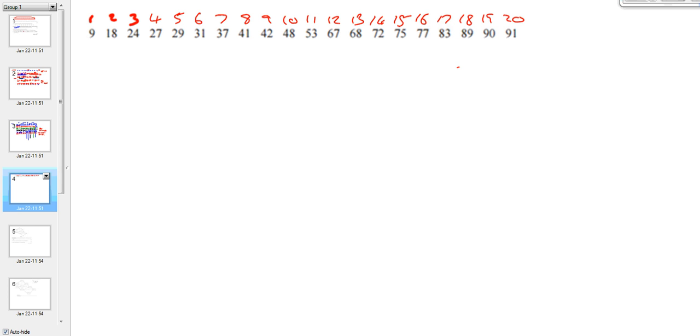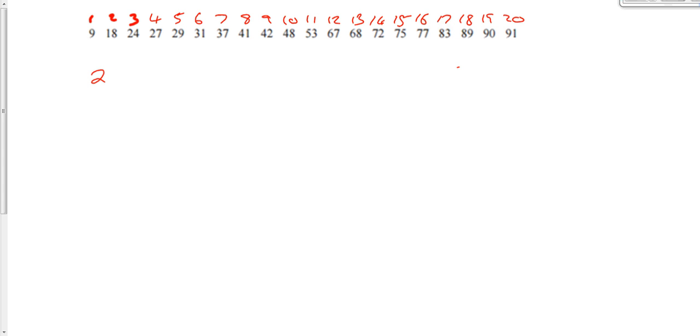So there's 20 pieces of data, so what you need to write down is 1 plus 20. So it's the first plus the last one in the list. So 1 plus 20 divided by 2 is going to be 10.5. So you look for the 11th piece. The 11th one is 53. So 53 is less than 68.